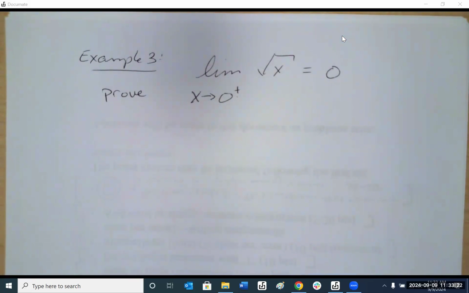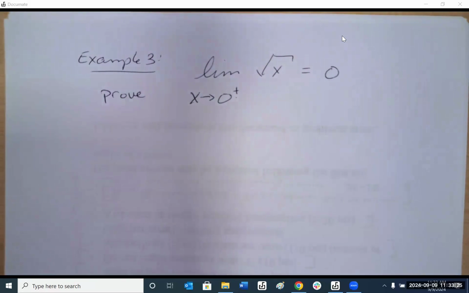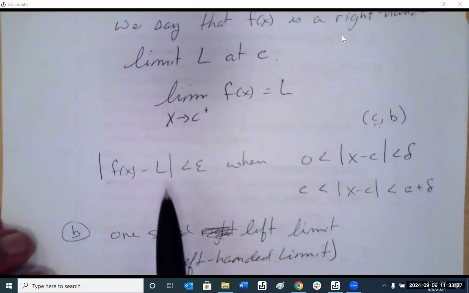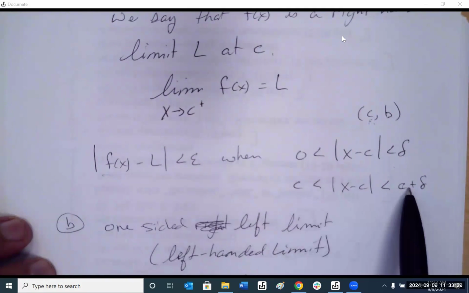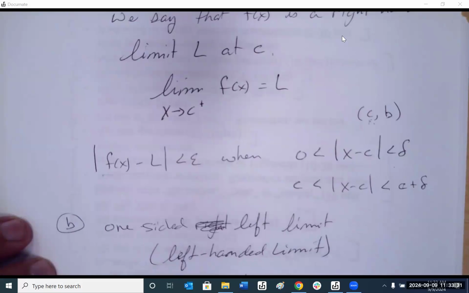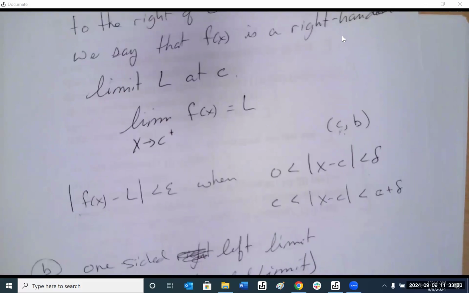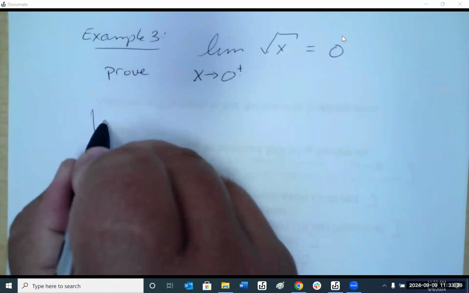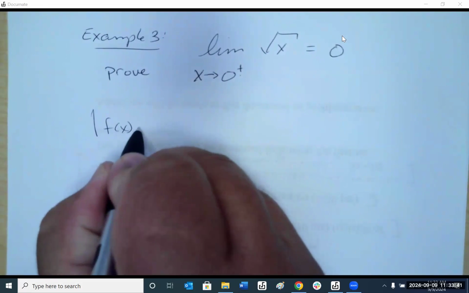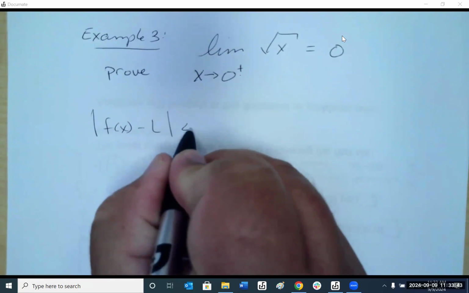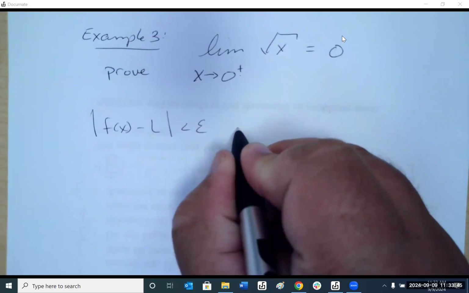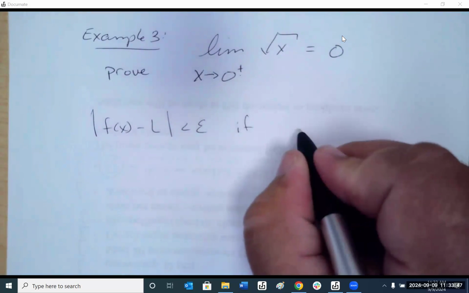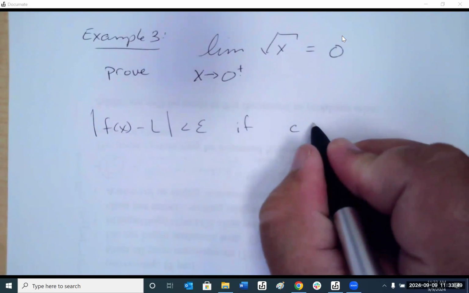So looking at what we just wrote, the way we prove it is by using this. We have to use the absolute value of f of x minus L is less than epsilon.